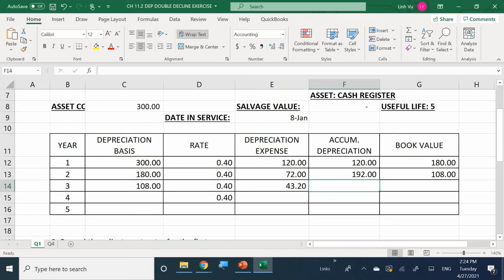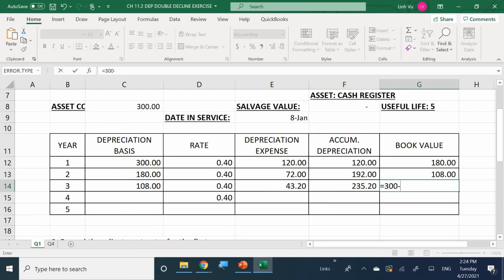So what's going to be my accumulated depreciation once again? 235.20. And therefore, what's my book value going to be? $64.80.